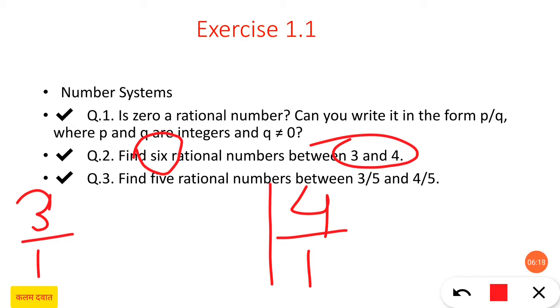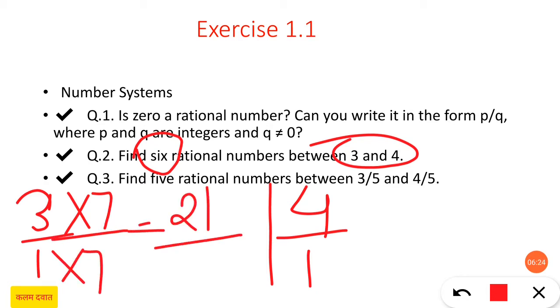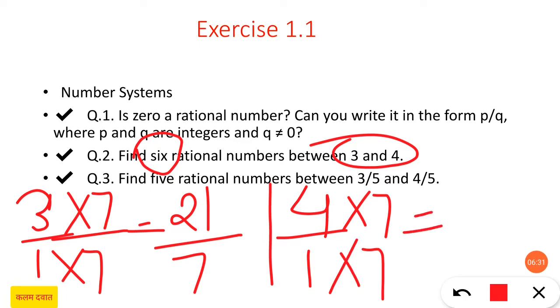I am making it 7. So I have to multiply the numerator by 7 and the denominator by 7. So 3 upon 1 can be written as 21 upon 7. Same we have to repeat in 4 upon 1: 7 times 4 is 28 and 7 times 1 is 7.